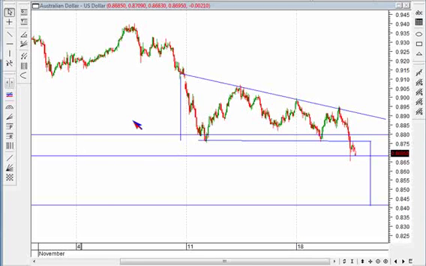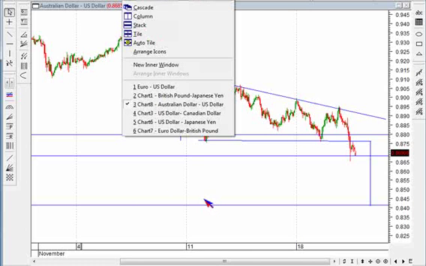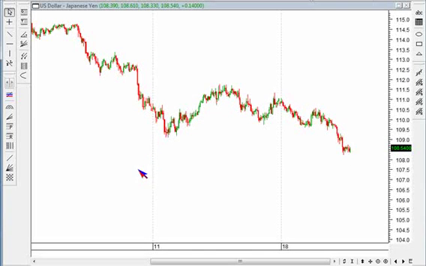I want to look at a couple more here. And one actually that I talked a little bit about today on our website, but if you look at the dollar yen, you can also see similar action of this consolidation.